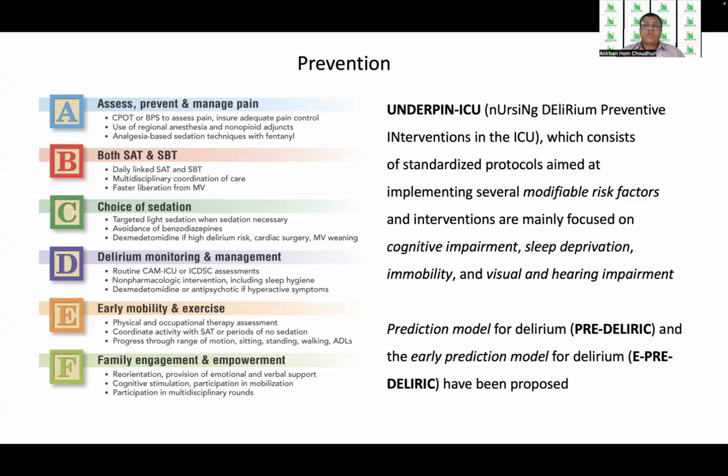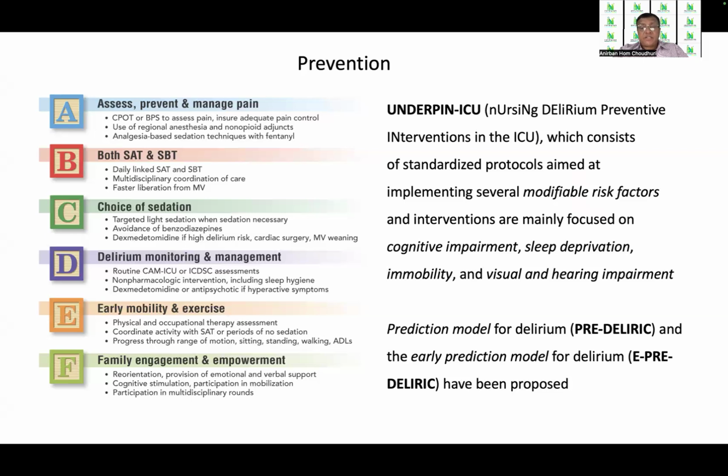Recently, we have also come across UNDERPIN, that is, nursing delirium preventive interventions in the ICU. Now, this UNDERPIN-ICU consists of standardized protocols aimed at addressing several modifiable risk factors and interventions, mainly focused on cognitive impairment, sleep deprivation, immobility, and visual and hearing impairment.